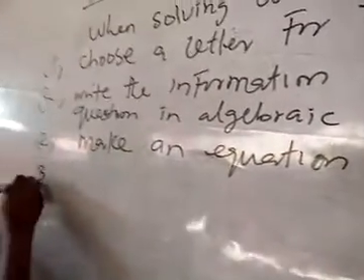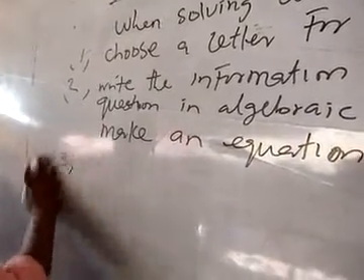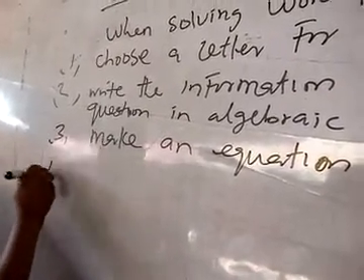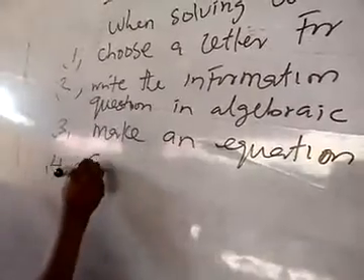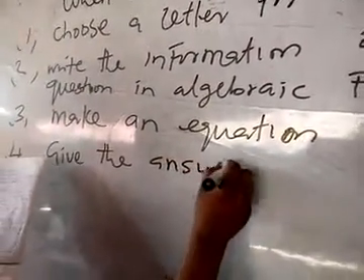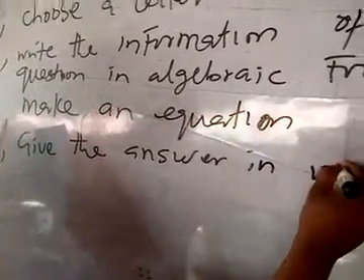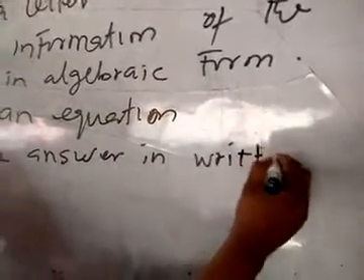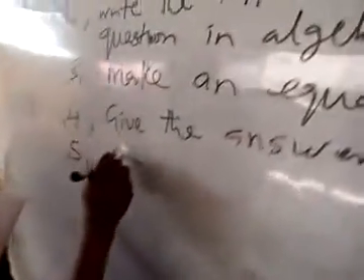Then number 3, excuse me, this is number 3 and here is number 4. Number 4, give the answer in written form. And then the last is to check your work, check your answer.